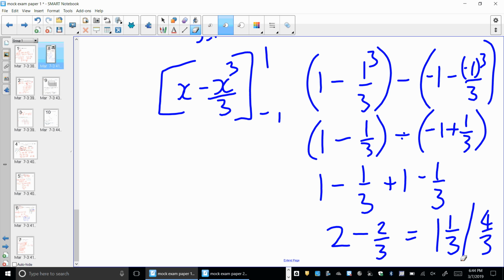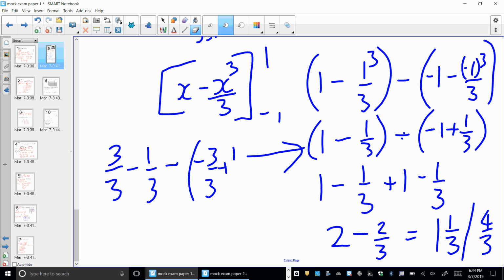Or you could have written 4 over 3. This could happen, so you need to be able to deal with fractions when it comes to the non-calculator paper. If you're looking at this not sure what's going on, then we need to work on that. If you had wanted to change all of these to thirds, this would have been 3/3 take away 1/3, take away negative 3/3 plus 1/3.